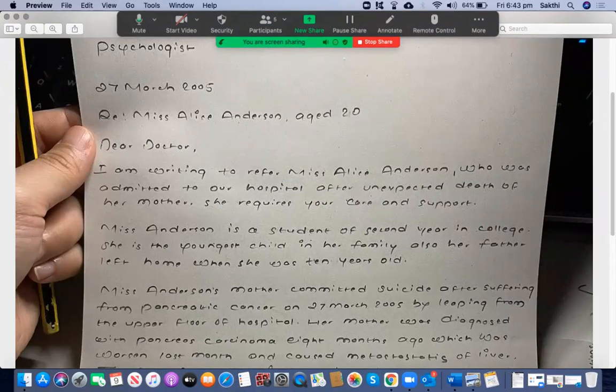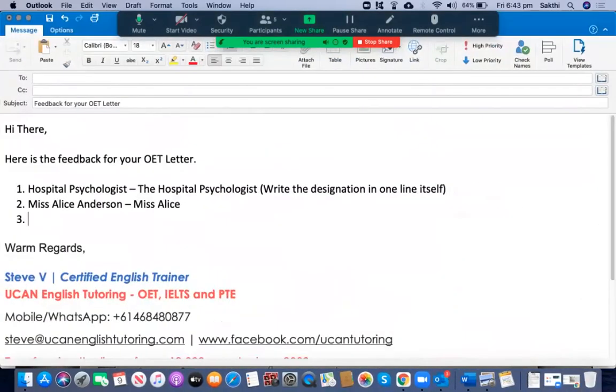Who was admitted to our hospital after unexpected death of her mother? In this case, you don't need to use a comma here, because you're not adding additional information. So after Miss Alice, before who was admitted, you can remove this comma, please.